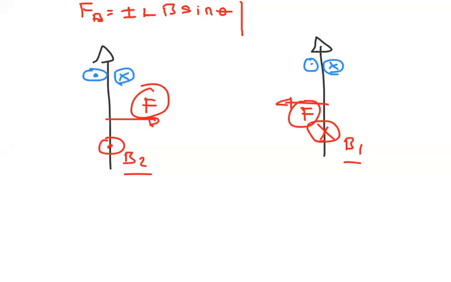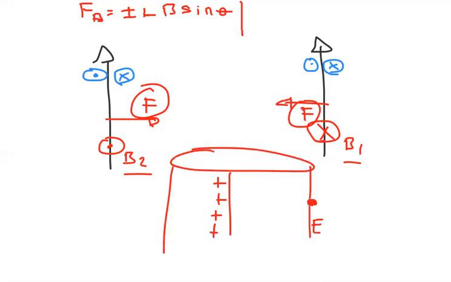Remember, Gauss's law got us electric fields at a certain distance away from the source of the electric field. So if I had a charged plate or something like this, and I needed to know the electric field over here, or let's say this is a wire, I would use Gauss's law, draw a Gaussian surface.